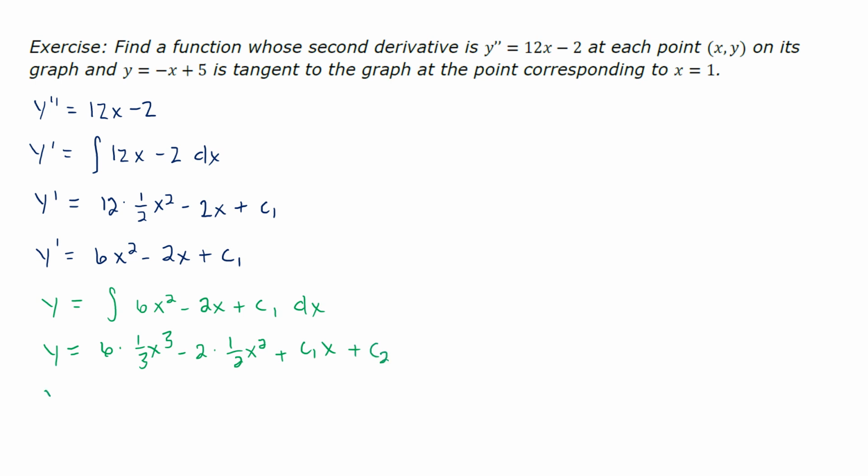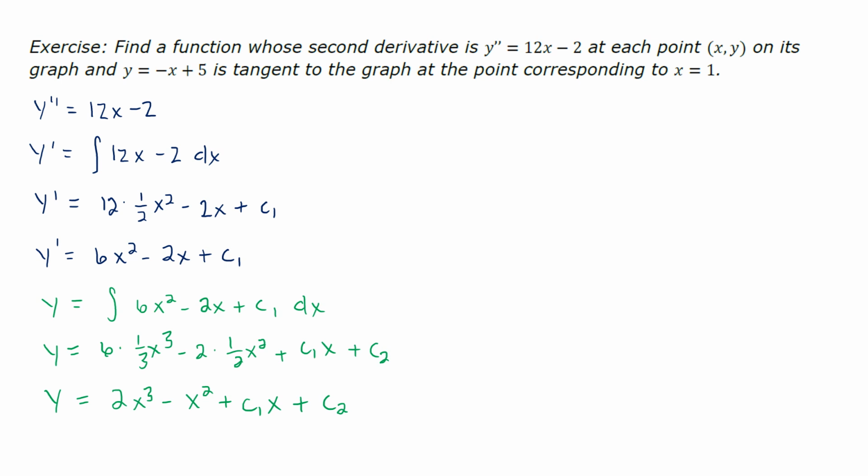So to simplify that, we will get 2x cubed minus x squared plus c1x plus c2. Okay, so now we have our function, but our function has two constants in it. And so we need to identify what values those constants represent to find our actual function.